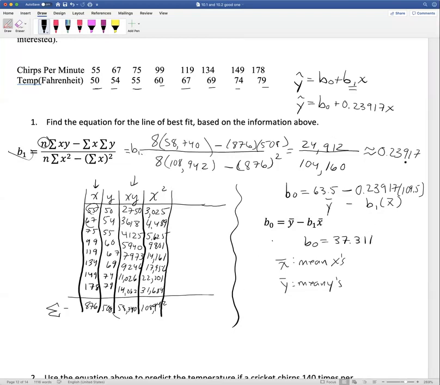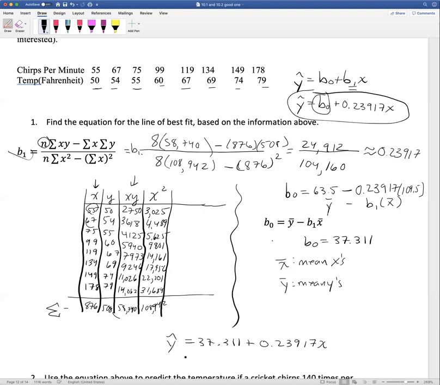So in terms of the regression equation, this is the regression equation. We just have to plug in for B naught. The regression equation is y hat is equal to B naught, which is what we just found, 37.311, plus the slope, which is 0.23917, and x. So it's going to stay here as x.